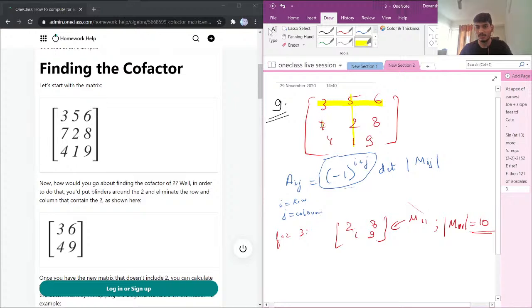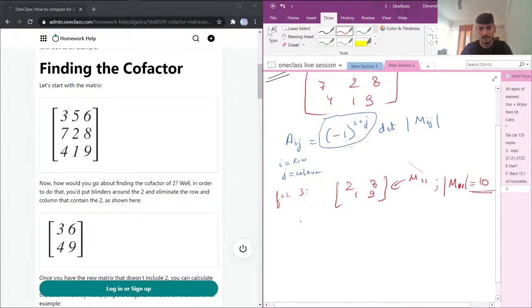So I will get the matrix 7, 8, 4, 9. My minor for 5 is 7, 8, 4, 9, and the determinant of this will give 7 into 9, which will be 63.